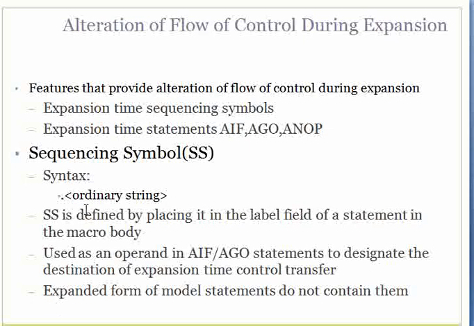You must remember that sequencing symbols do not become a part of your expanded statement. They are used for expansion, but they are not part of the expanded code at all.